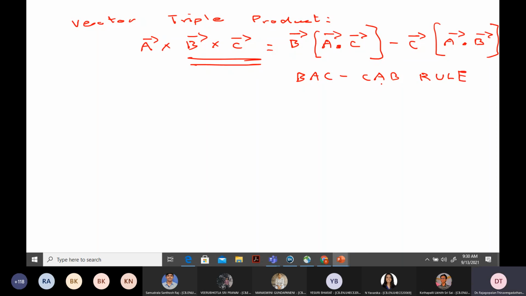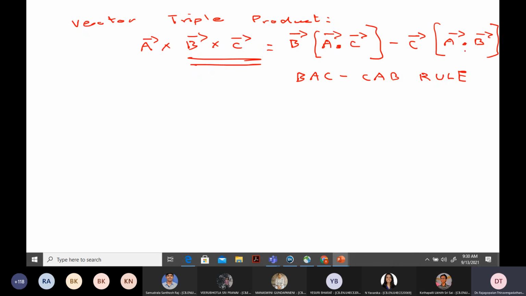If you take a cab, a rental taxi, you normally sit in the back, so you put yourself up front. So it is called back minus cab. This is something you can easily remember that way, right? So back minus cab rule. Now what is A dot C? You will get a scalar number and B is a vector. I multiply a scalar number with a vector, I will get a vector.